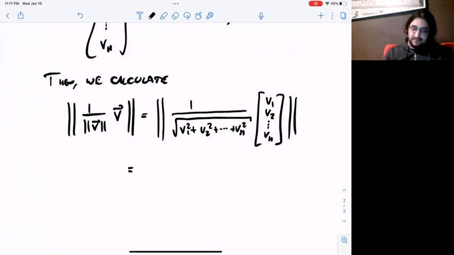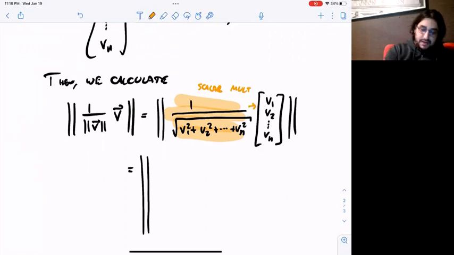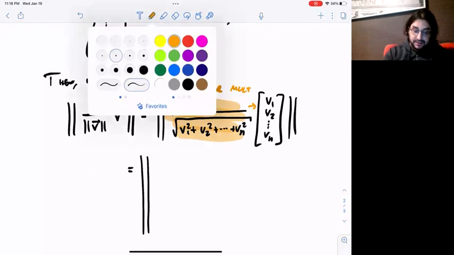After I do this, what happens next? Well, I need to do the next operation. The first operation was that magnitude. The second operation is a scalar multiplication. This here is a scalar, and I'm going to multiply it into this vector. How do we do that? The definition of scalar multiplication is that it's a component-wise operation.